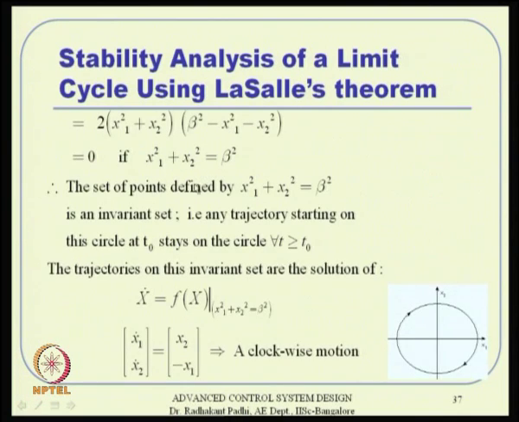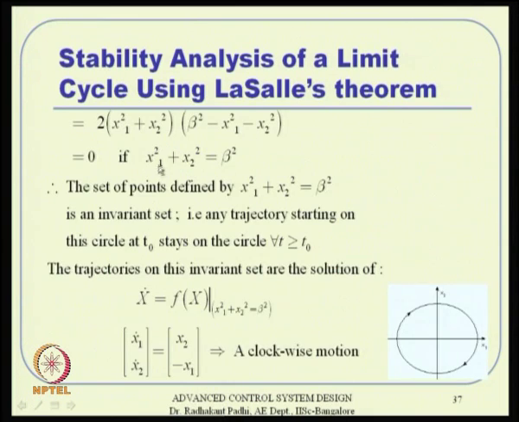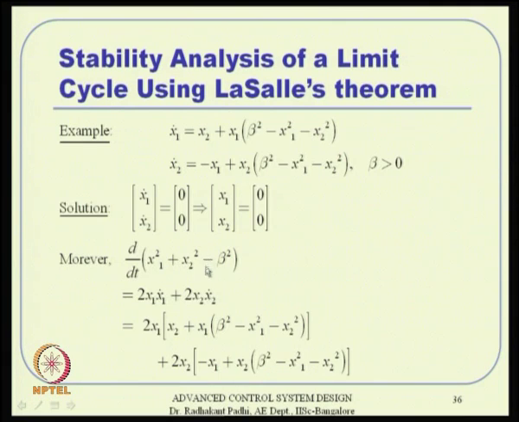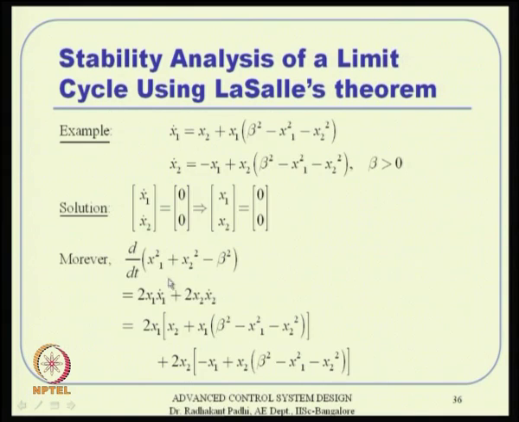The condition is again this expression, x 1 square plus x 2 square minus beta square. If I take x 1 square plus x 2 square minus beta square equal to 0, then the rate of change of that particular expression is again 0. Okay. So, that tells us that we have got some sort of a limit cycle actually. If I start with any point on this particular trajectory which satisfies this equation, then I will continue to stay on that particular locus, x 1 square plus x 2 square minus beta square.